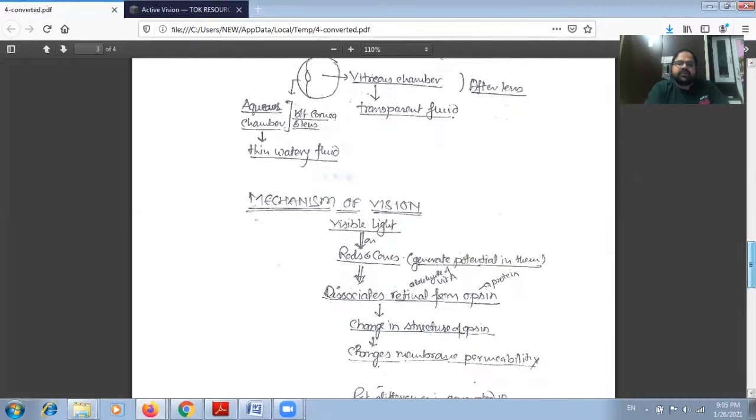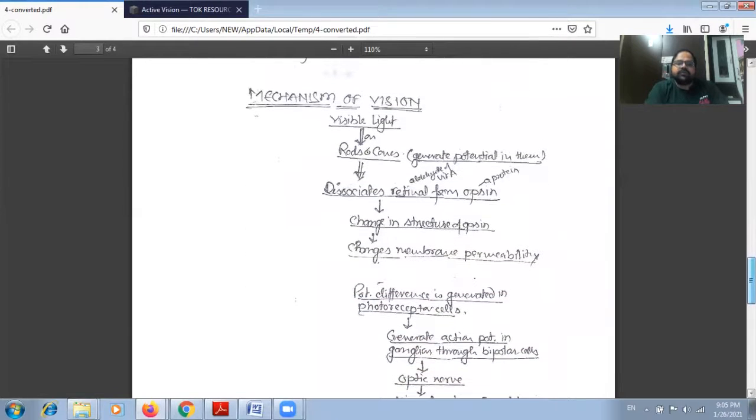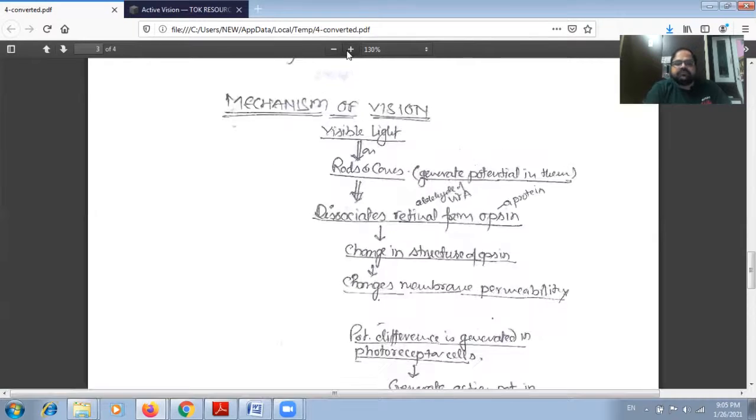Now we will see the mechanism of vision. We will discuss it here one by one. When visible light falls on the rods and cones, which, as we know, are present on the retina, they generate a potential difference.